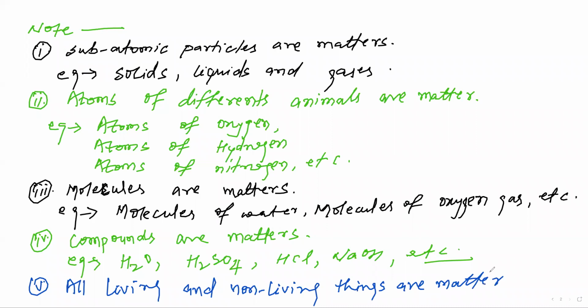We also are matter, you also are matter. These all are matter, right? These are some concepts through which you identify which are matter. So please take a screenshot of this page.